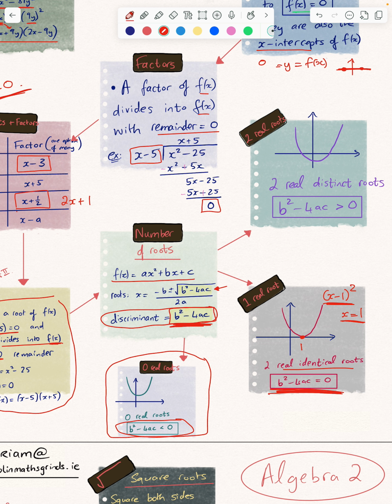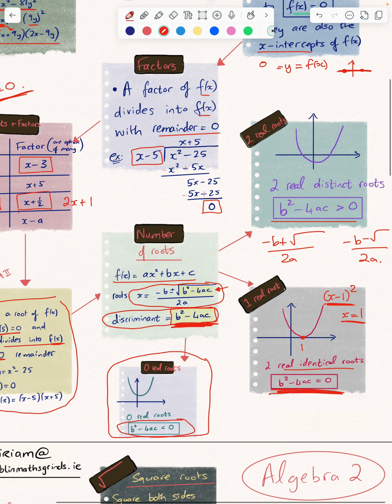And then you've two real distinct roots if b squared minus 4ac is greater than 0, because in that minus b formula you'll have the root you get from minus b plus the square root over 2a, and a second root from minus b minus the square root over 2a. So b squared minus 4ac determines the number of roots. Keep those pictures in mind, and also recall the thing under the square root will determine the number of roots.